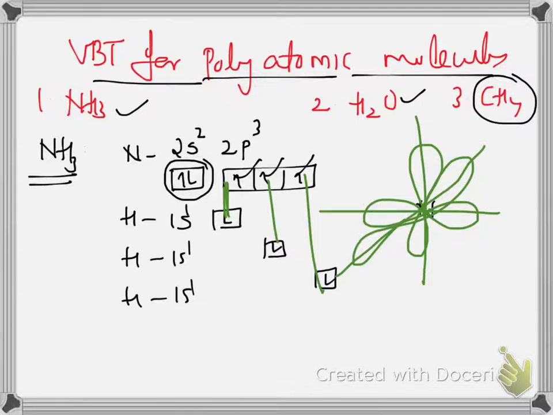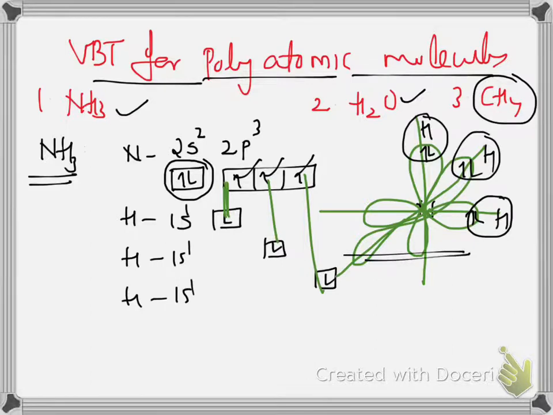Here you can see one hydrogen, another hydrogen, electron of nitrogen, this is of hydrogen, third hydrogen, electron of hydrogen, electron of nitrogen. This way bond is formed.